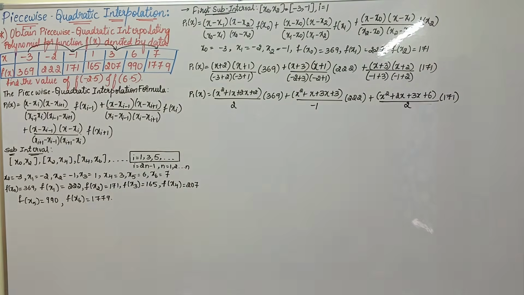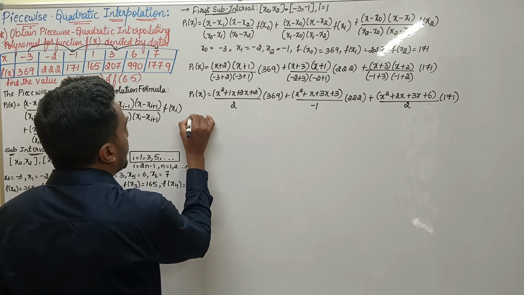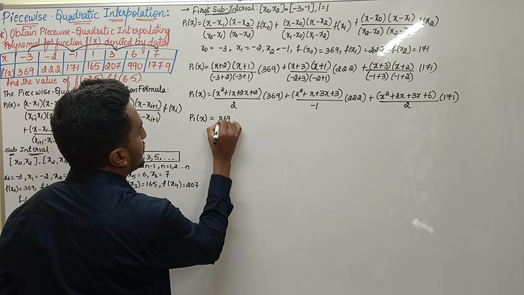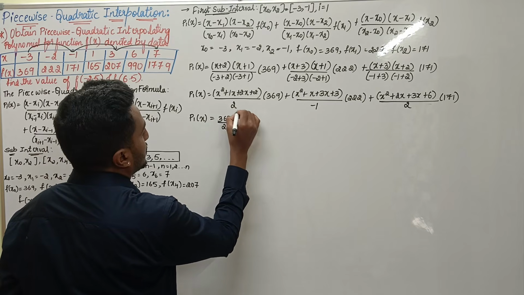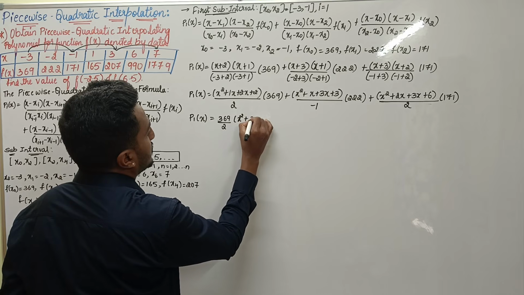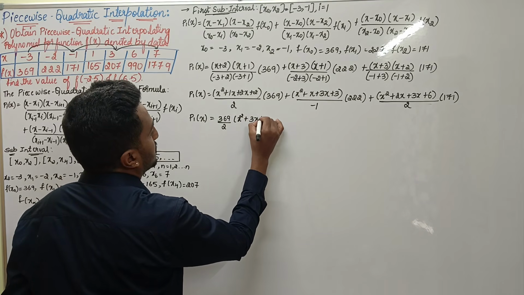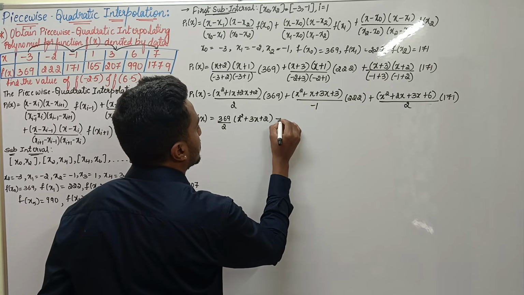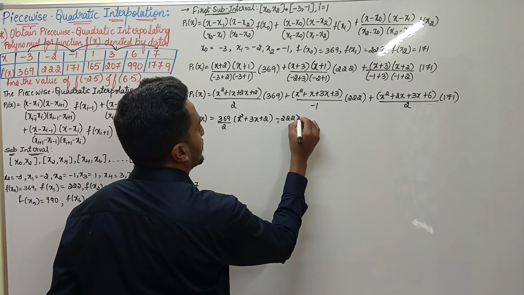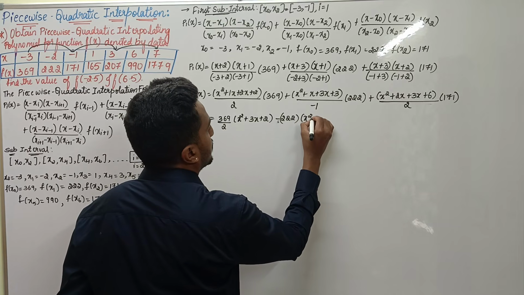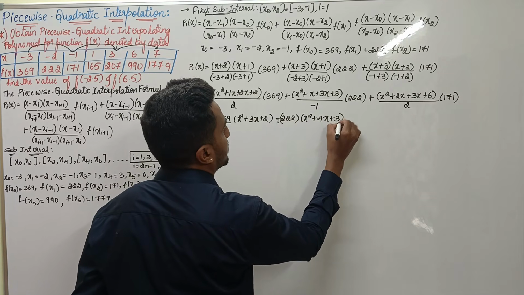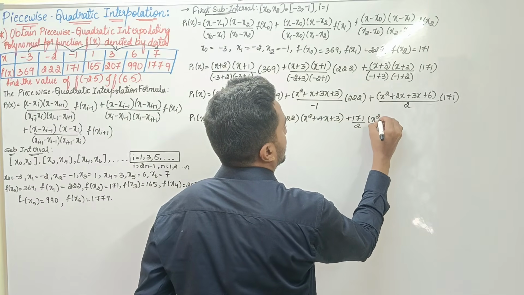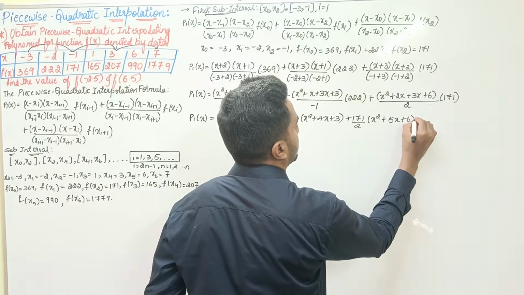Now what we are going to do? Now p1 of x is equal to 369 divided by 2 into (x square plus 3x plus 2), plus minus into 222 into (x square plus 4x plus 3), plus 171 divided by 2 into (x square plus 5x plus 6).